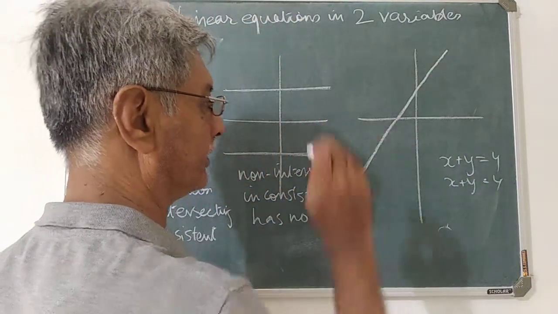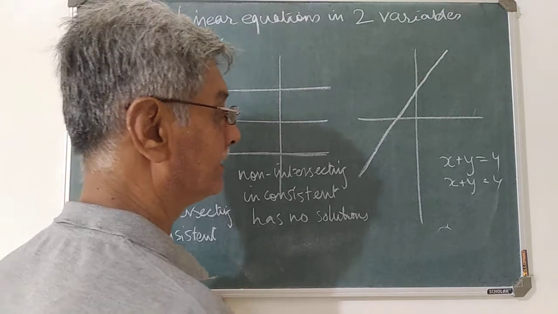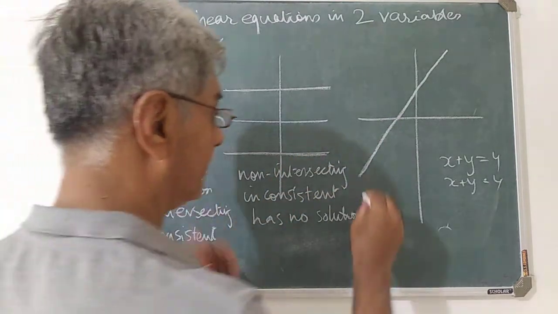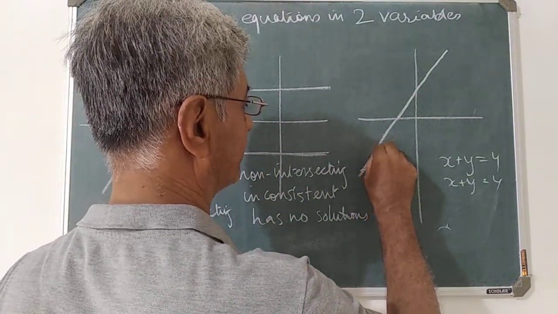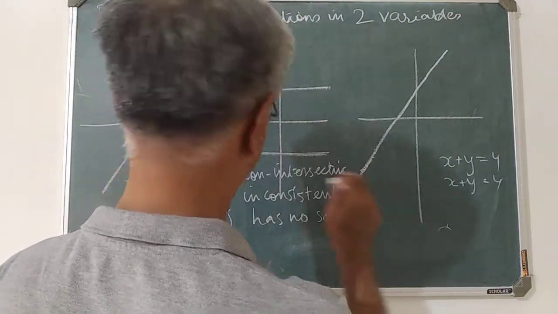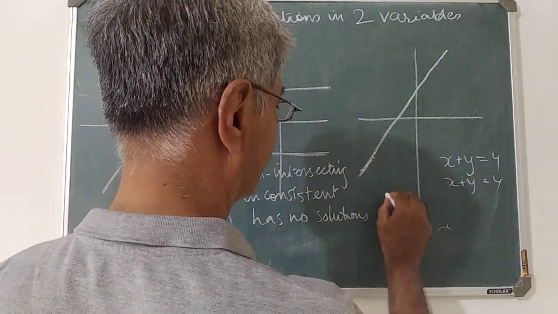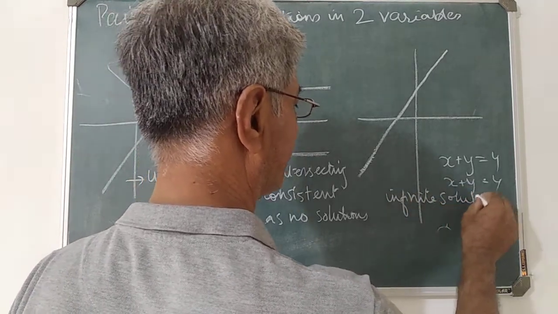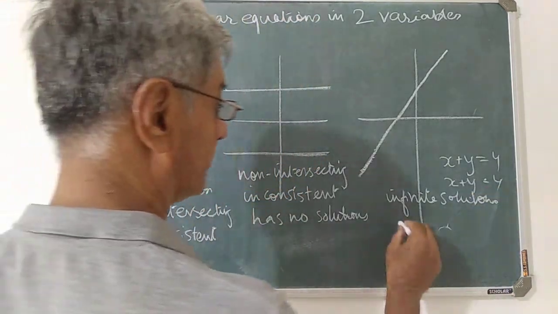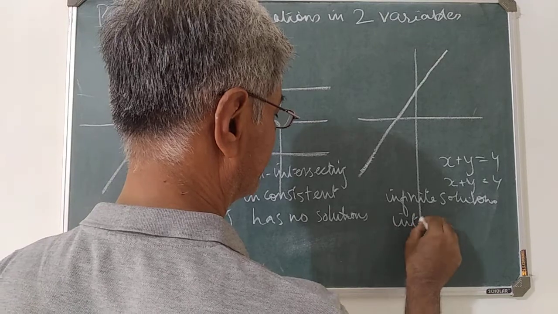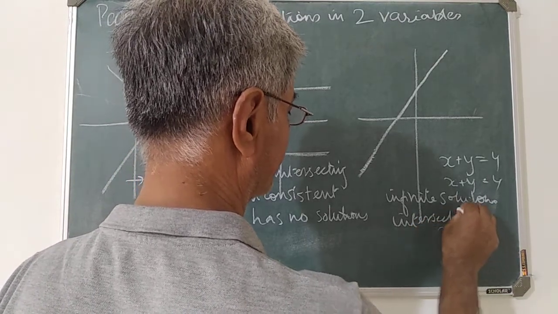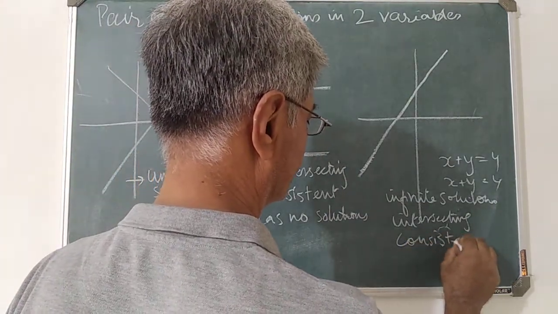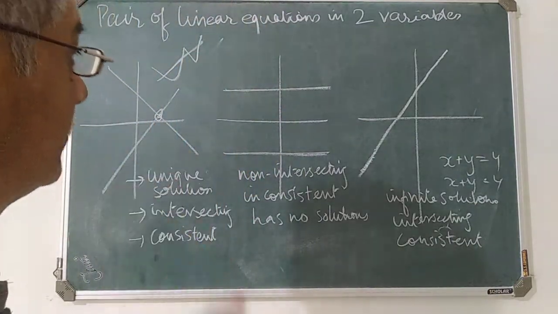So both fall on the same line, so it intersects at many points. So it has infinite solutions, many solutions. It is intersecting at many places and is consistent because it has a solution. You need to know all these three.